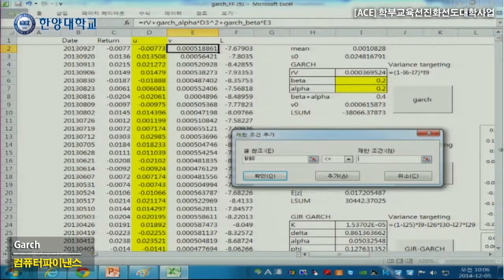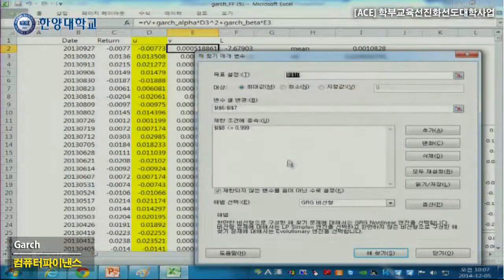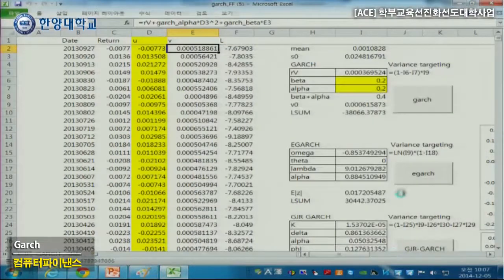Because in Excel there is no strictly less than 1, right? It is less than or equal to. So therefore, I have to make it like 0.99999. Okay? And then I have to run.